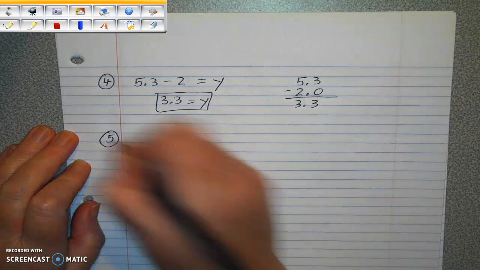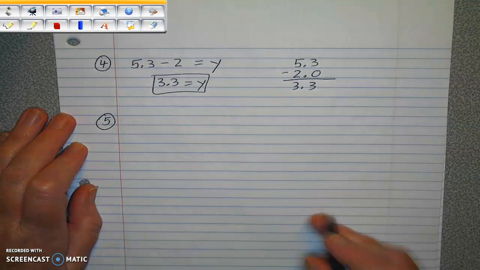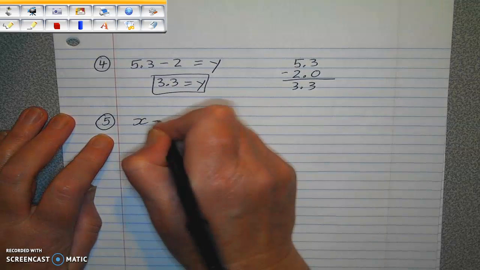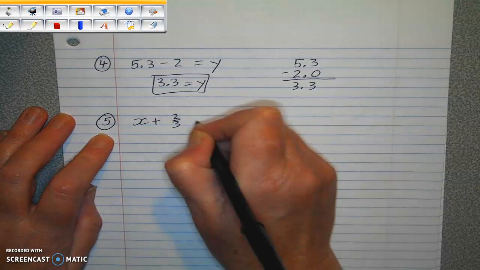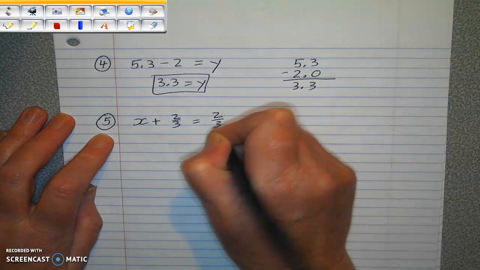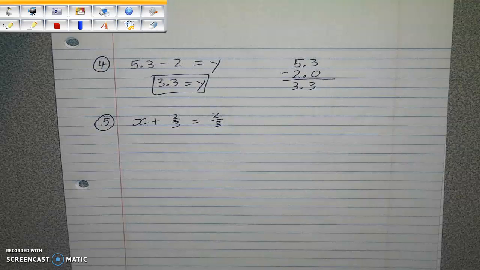Here's 5. So x plus 2/3 equals 2/3. So something, when you add 2/3 to it, you get 2/3. What can I add to any number and it stays the same? It doesn't change. Must be 0.